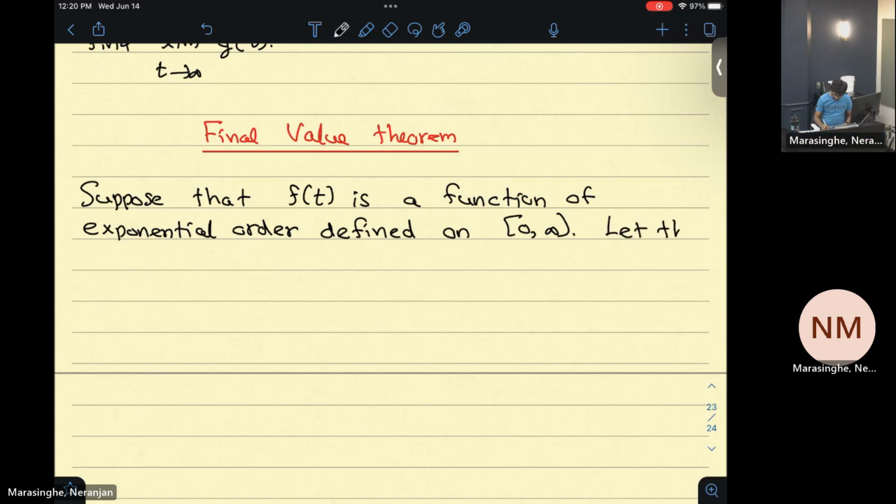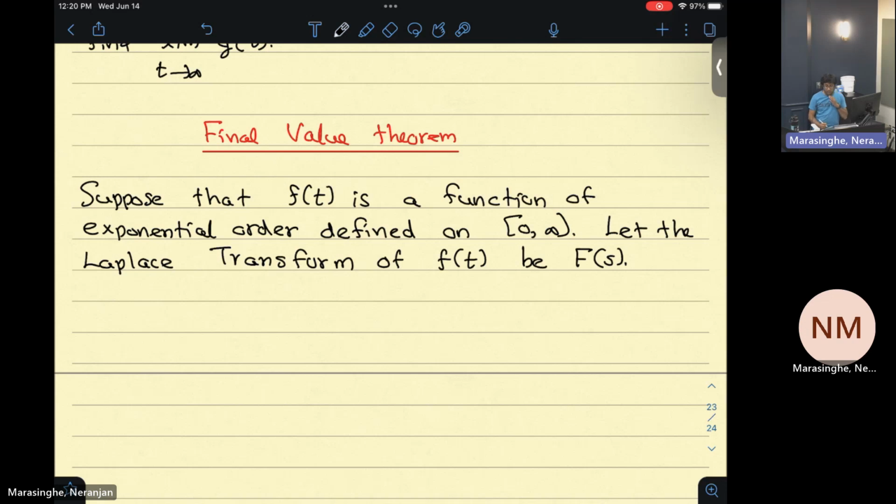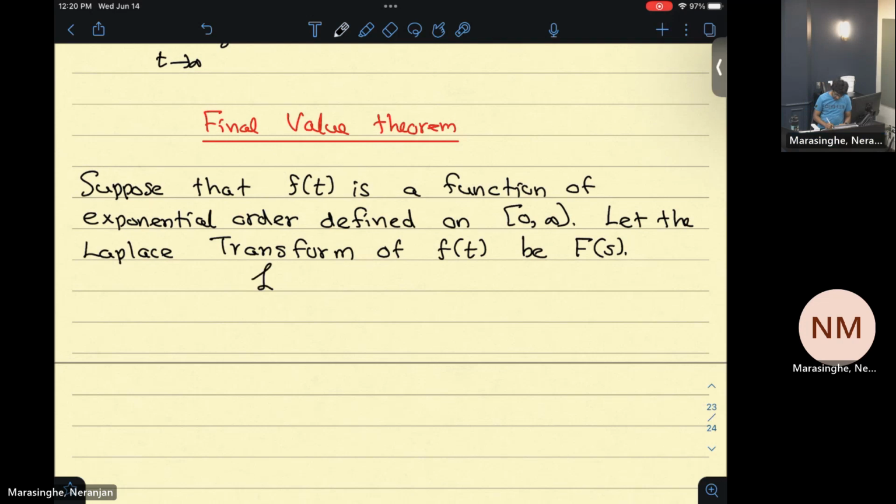Let the Laplace transform of f(t) be F(s). So we have some function f(t) that is defined for positive t, and you know the Laplace transform of f(t). So the Laplace transform of simple f(t) is going to be equal to capital F(s).